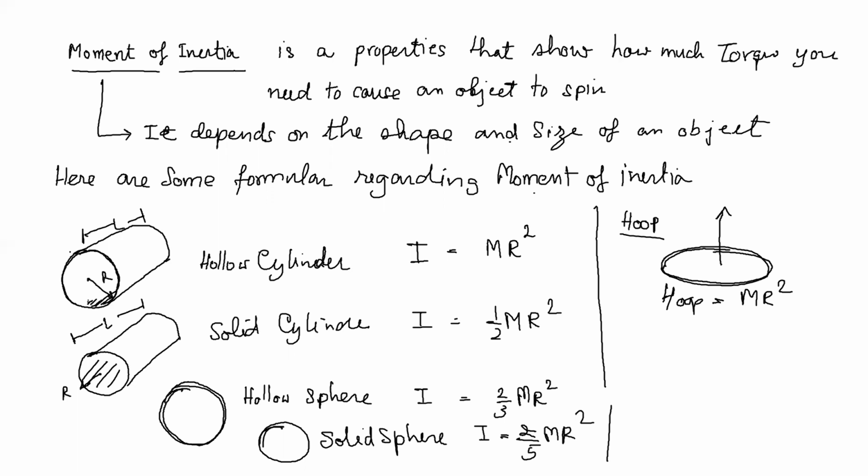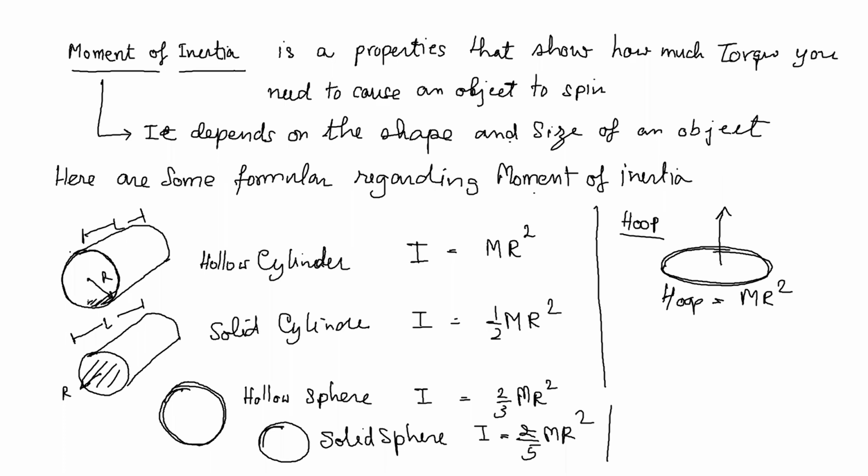Here are some values of the moment of inertia. It's a property that shows how much torque you need to cause an object to spin. This is actually the inertia part of the equation of Newton's law.